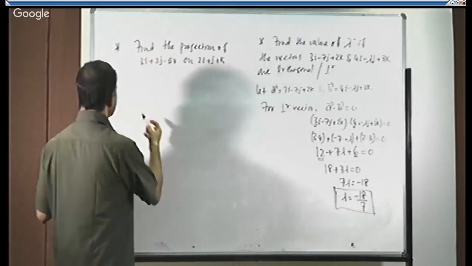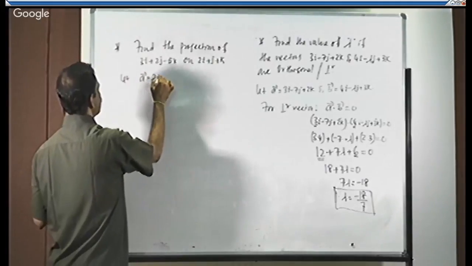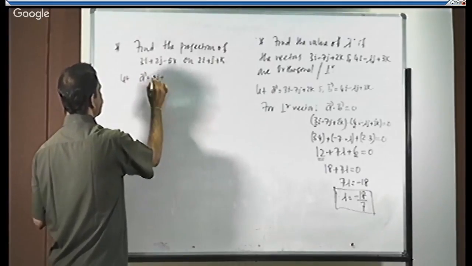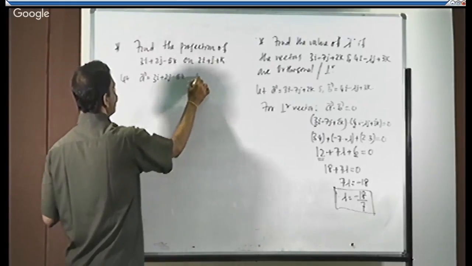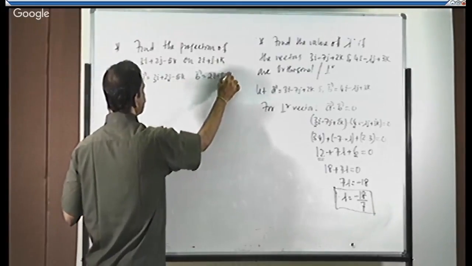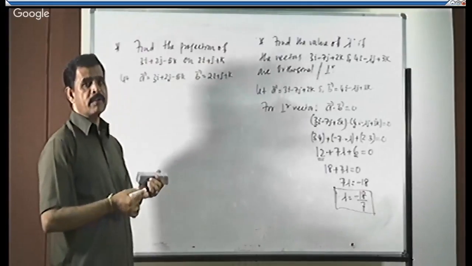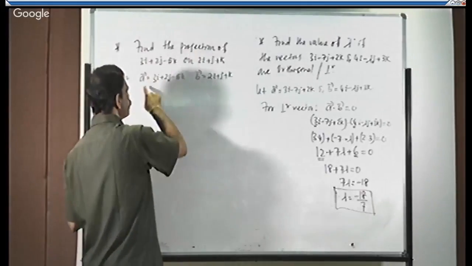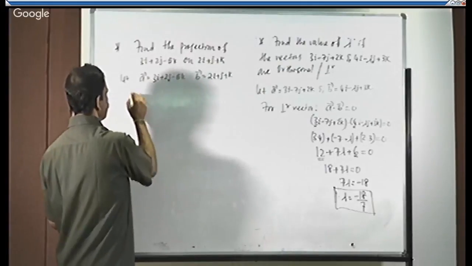Let us take the first vector as A. Let A is equal to 3i plus 2j minus 5k, and B is equal to 2i plus j plus k. So we need to calculate the projection of the first vector on the second, meaning A on B. What is the formula for that?